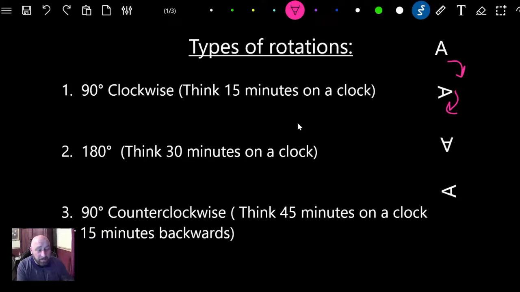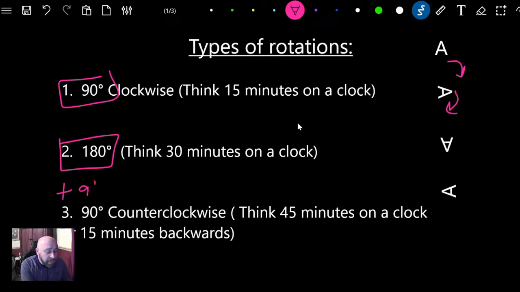It's upside down. Once you get it upside down, you could do what's called a 90-degree counterclockwise. Now, one way to think of this is a 270-degree clockwise, right? Because you do a 90. 90 plus 90 is 180 plus 90 again.